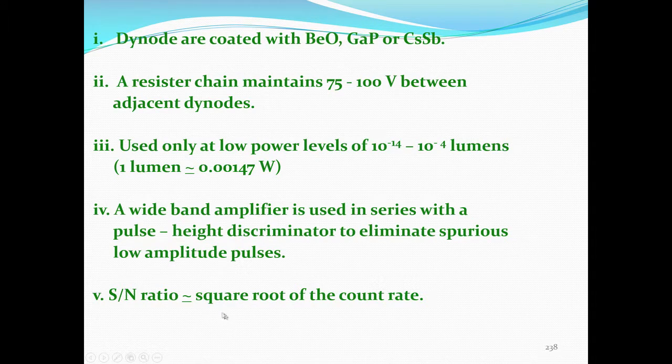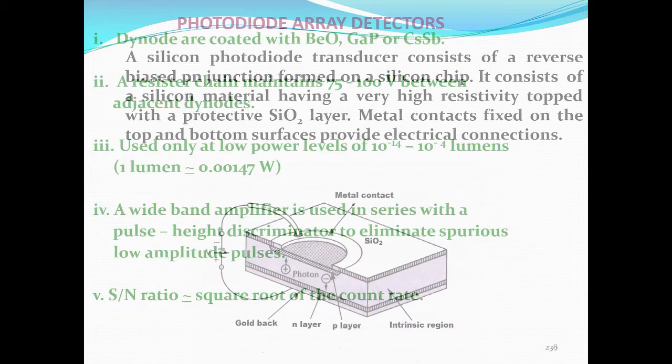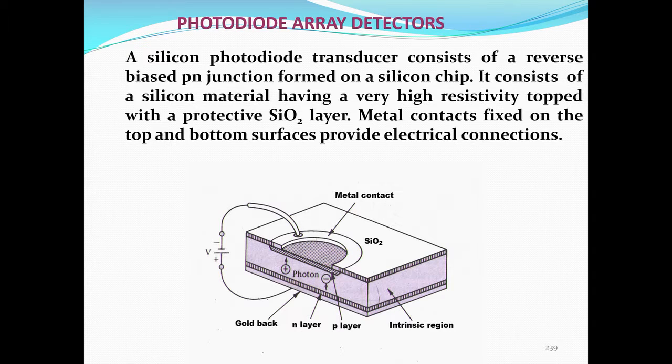Now, you remember that we have about 10 raised to 7 electrons per photon. So, S by N ratio would be essentially very good in such photomultiplier tubes. Even now 90% of the instruments use these photomultiplier tubes. They are popularly known as PMT tubes.